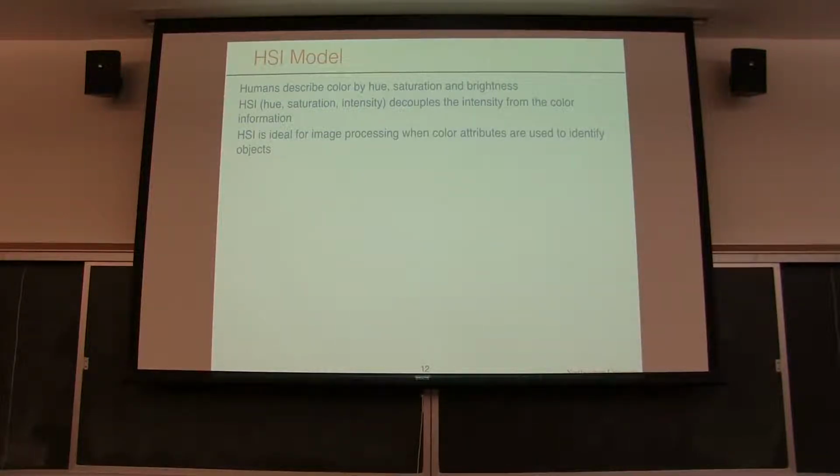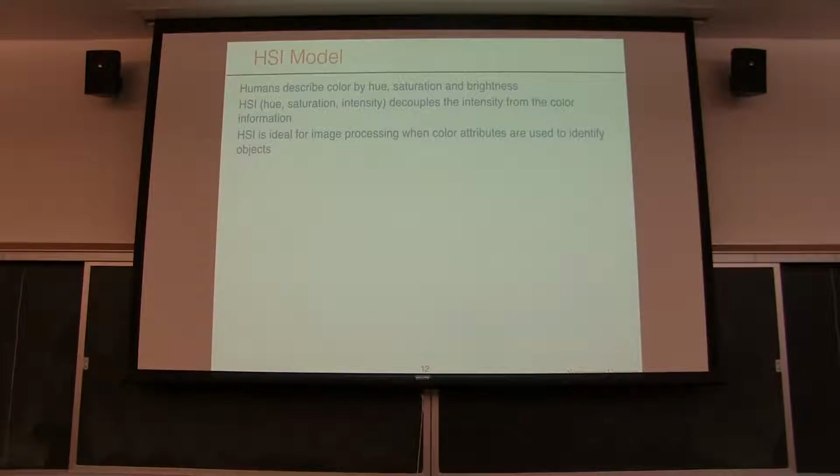Now, again, let's talk about color models that are more suitable for computer vision. Again, we are going to be putting emphasis on hue and also on saturation. So the HSI model has again 3 components, and separates the intensity. Again, the intensity is the average of the 3 bands.